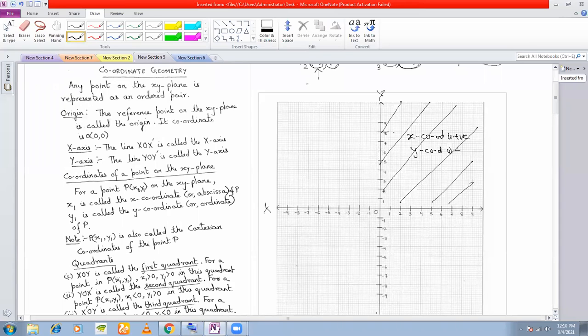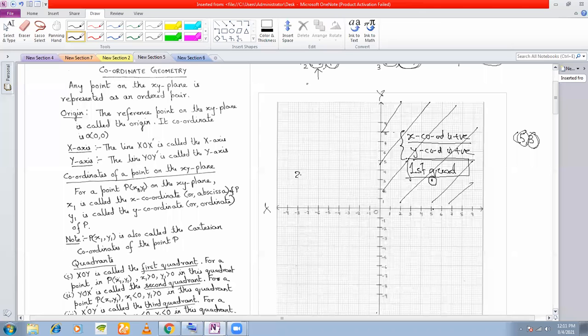You agree with me? Yes, x and y both are positive. If you want to locate the point (5, 3), 5 will be here, and this will be 3. So (5, 3) will be here, right? So x coordinate and y coordinate both are positive in this part. This is called the first quadrant. Understood? In the first quadrant, you have x and y both as positive. Clear?